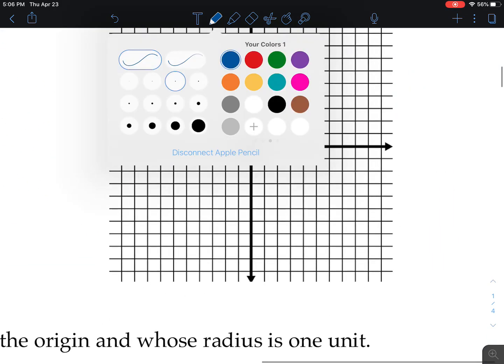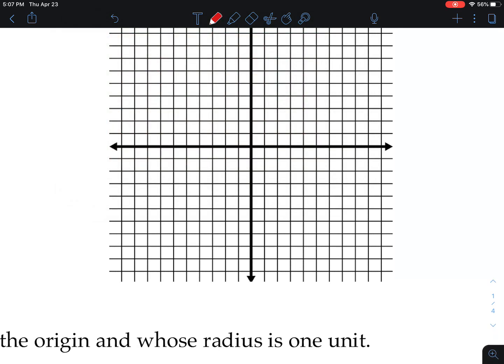Okay, so let's look here. Let's do 1, 2, 3, 4. So let's say that point, we'll call that point P. Right? And we'll say that, right, 1 box is a quarter of a unit, right? So every 4 is 1. So 1, 2, 3, this would be 2, right?